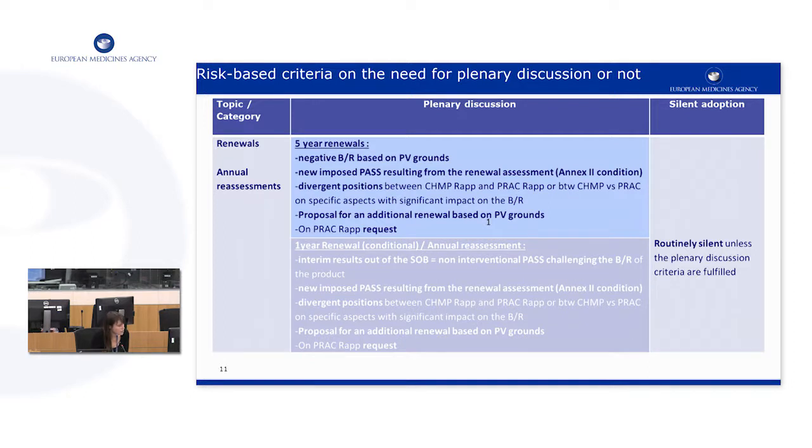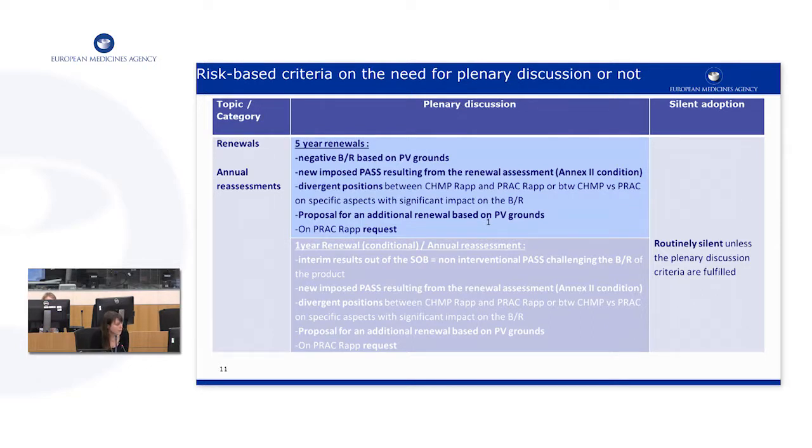For the conditional renewal and annual reassessment, we expect the delegations to propose a plenary discussion if interim results of the specific obligations or non-interventional PASS are challenging the benefit risk of the products, if new imposed PASS resulting from the renewal assessment are proposed, and again, if there are some divergent positions upon request and proposal for an additional renewal.